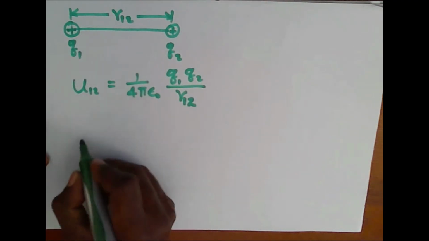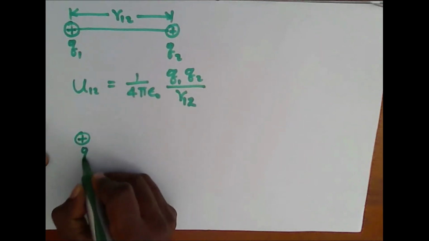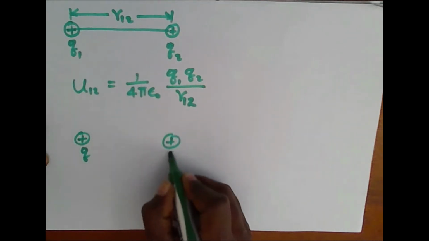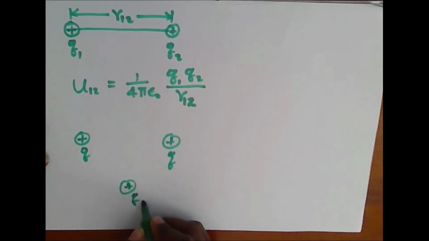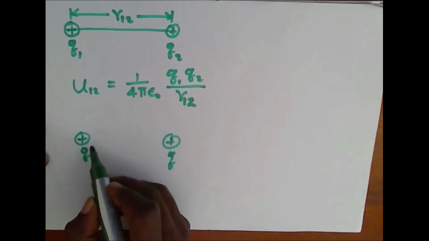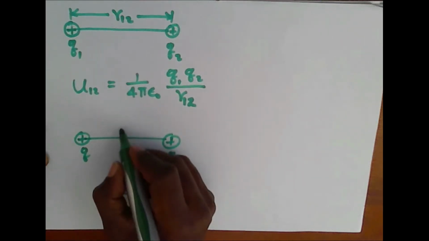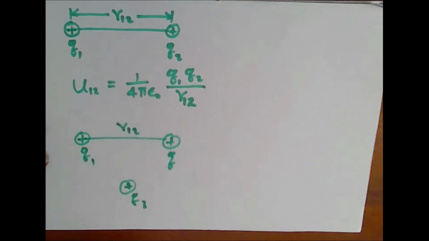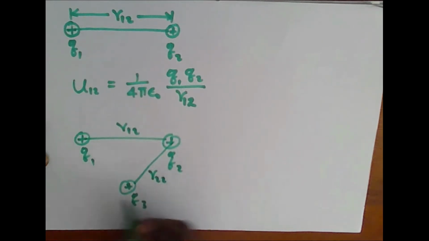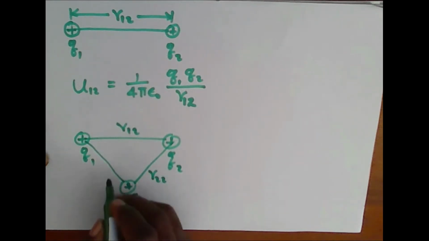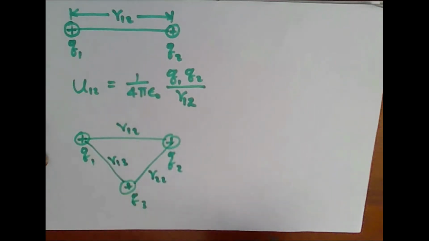If you have three charges, like first charge Q1, second charge Q2, and the third charge, let's say Q3. To assemble this, let's say the distance between Q1 and Q2 is R12, the distance between Q2 and Q3 is R23, and the distance between Q1 and Q3 is R13.